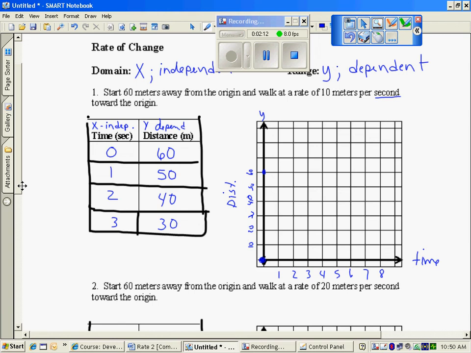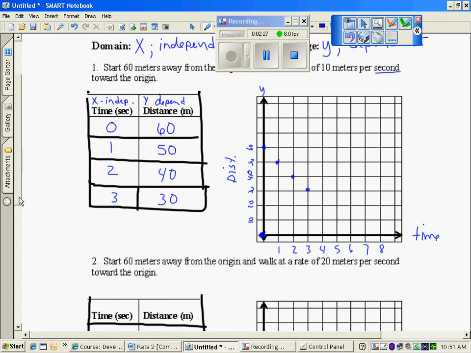Now let's take a look at this picture. If I'm over at 1 second, I'm down at 50 meters away from the origin. At 2 seconds, 40, and at 3 seconds, 30. So we have this rate. The rate is 10 meters per second. We can visually see rate on my graph.